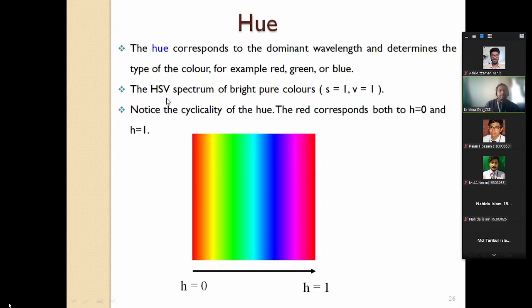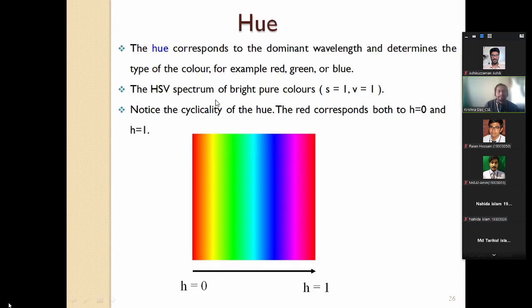In the HSV spectrum of bright pure colors, the saturation value is high, and the value, V, is also high. V is related with the brightness. When it is high, we can say it is a bright pure color.